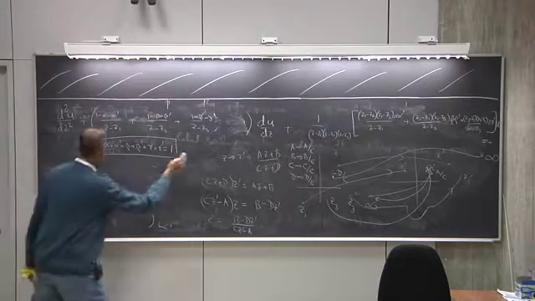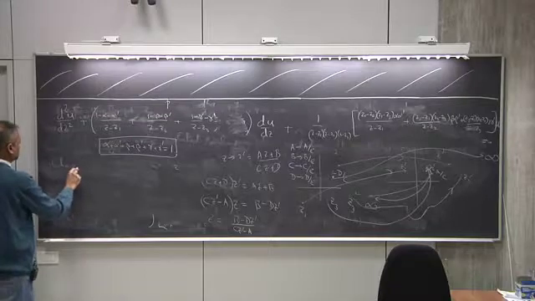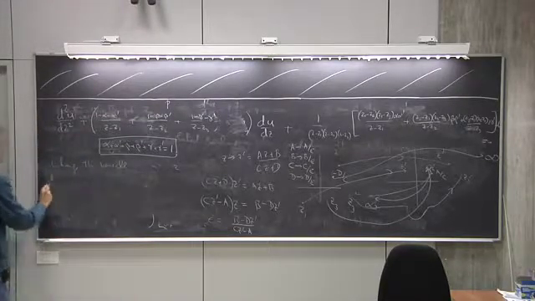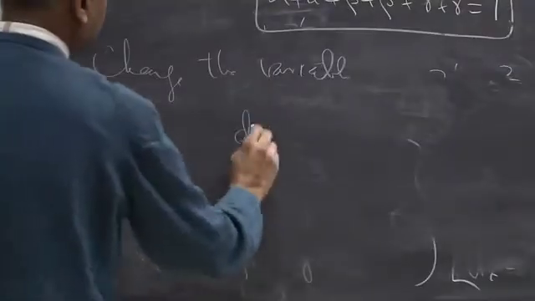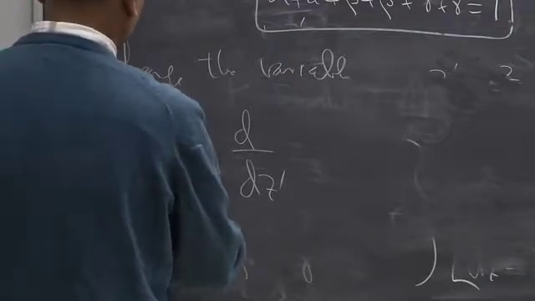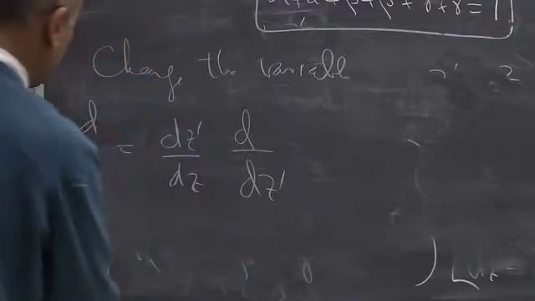So if you change the variables, what is d by dz? It is d by dz prime, and then dz prime over dz. You can compute dz prime over dz.